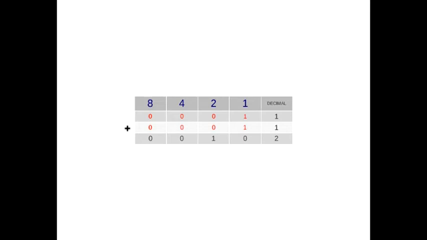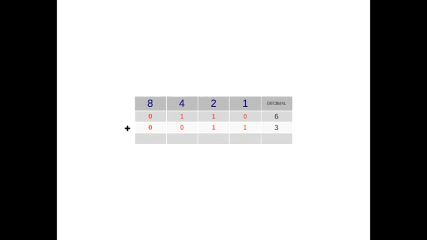Okay, so carrying ones, you should get it by now. Let's just have a look at this number. This is the number 6 plus the number 3. If we wanted to do 6 plus 3 in binary, we go to the first column and say 0 plus 1 is 1.